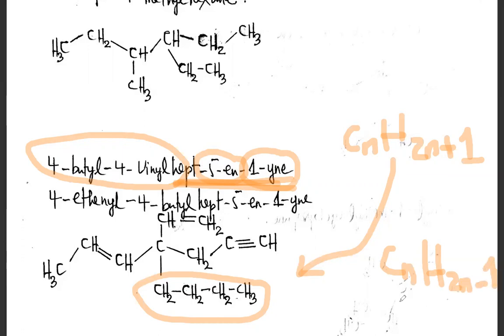Therefore, it's going to be ethene, which is C2H4, with 1 hydrogen less. Therefore, it will be 3. And we have 3 here, the first one and the third one there. That is 2 and 3.